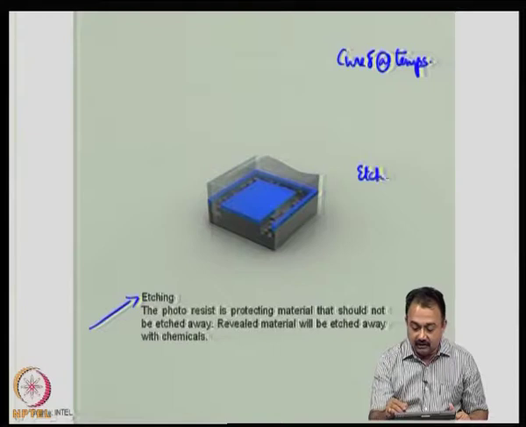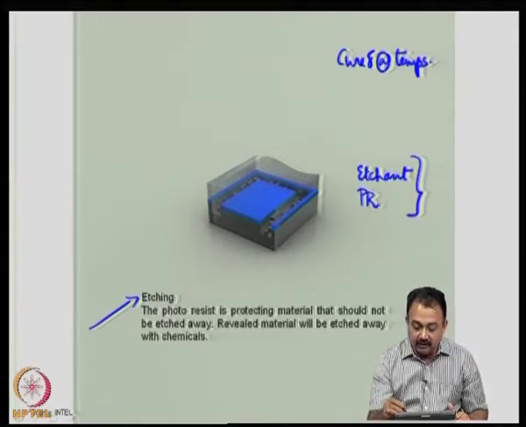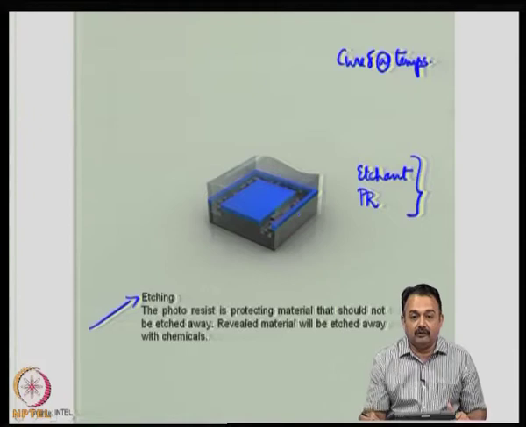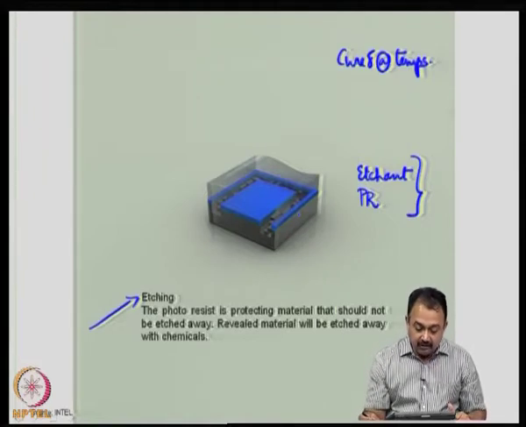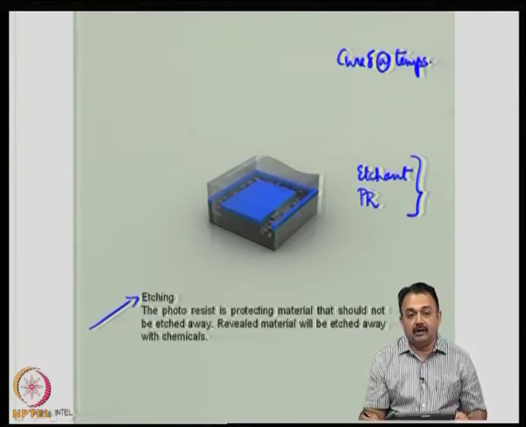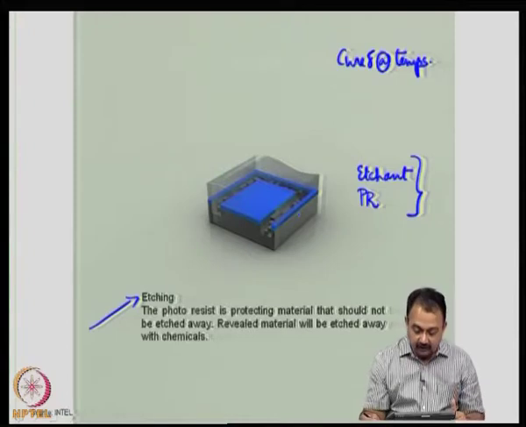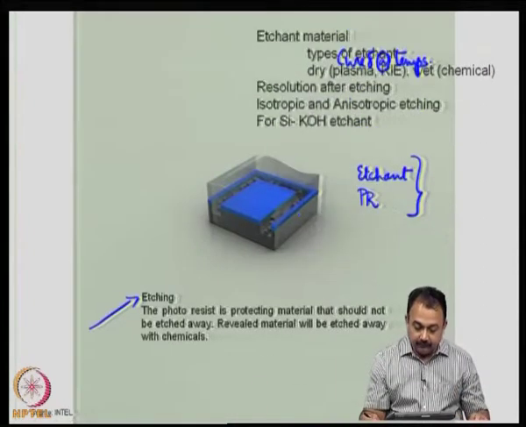So, there are different types of etchants. Now, in this case you have the photoresist also. The compatibility has to be studied and the etchant should not react with the photoresist. The revealed material, that is the material where the photoresist is not present currently, will be washed away by the etchant chemical.